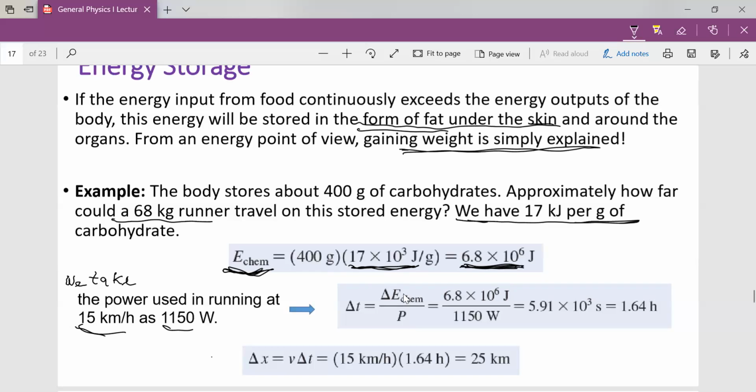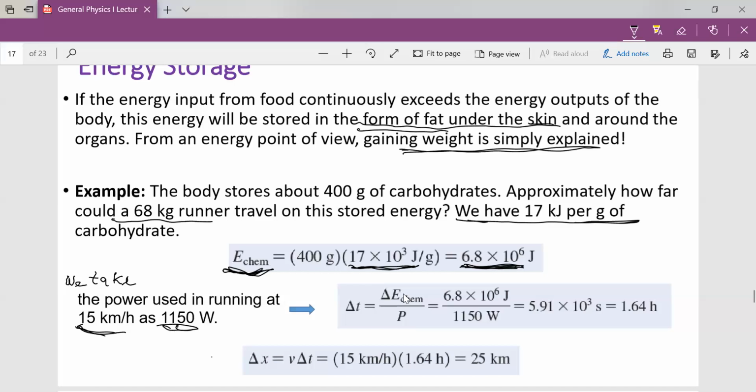An adult that will climb a stair will use, on the average, 25% of the energy to climb a stair. So we also have an adaptive value for running. An adult will run 15 kilometers per hour and use 1,150 watts, which is 1,150 joules of energy per second. Okay, so if this is the adaptive value for an adult running, we can actually, from this information, determine the time.